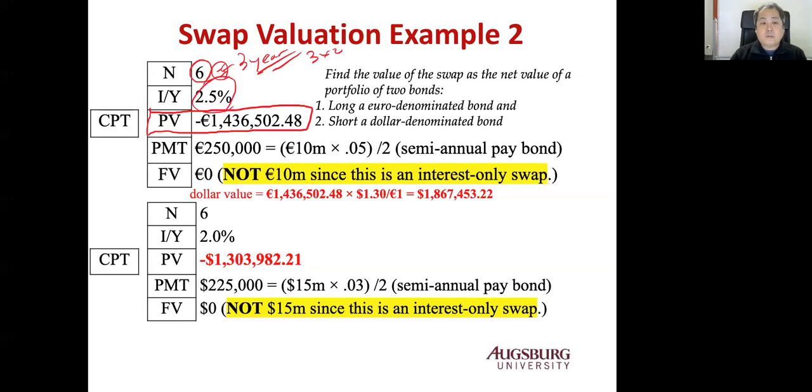Interest rate is 2.5%. And each payment will be 10 million euro times 0.05, right? So that's 5% of 10 million, and that's annual, so you have to divide by 2, 250,000 euro. And future value is 0.